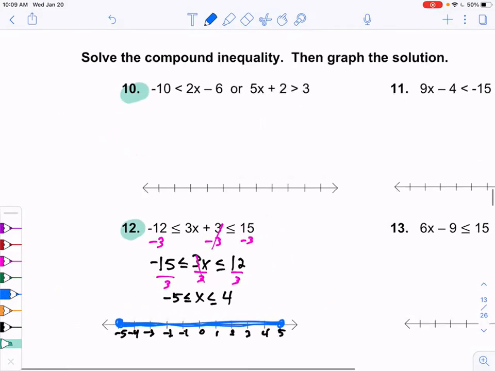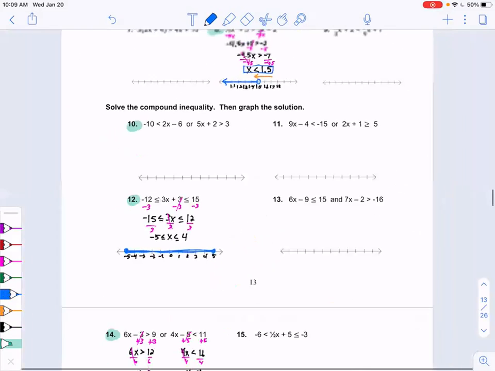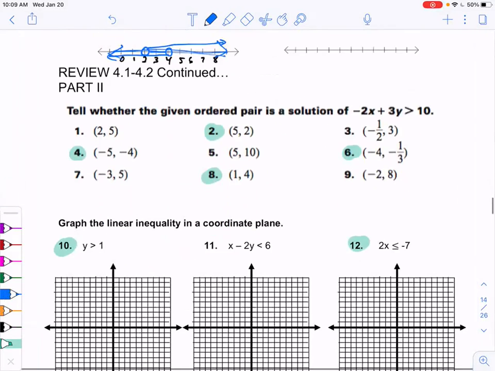All right, so you should be able to do number 10. Going down next, it says, tell whether the given ordered pair is a solution for -2x plus 3y is greater than 10. So all you have to do here is plug in. TJ, you want me to do 2, 4, 6, 8?